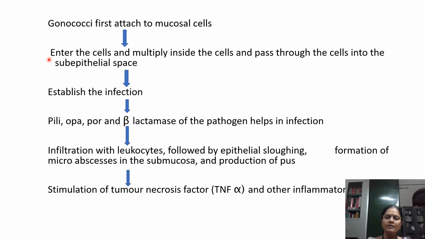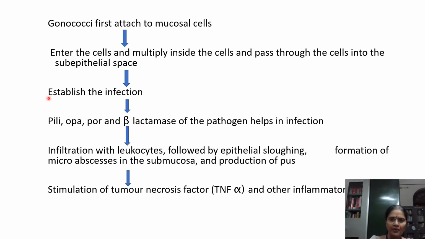And not only that, they will start passing from cell to cell, and also they will go to the subepithelial layer. That means you will have an epithelial layer on the mucosal surface, and under that you will find a subepithelial space, and they are going to get lodged in this subepithelial space and establish the infection in that area.